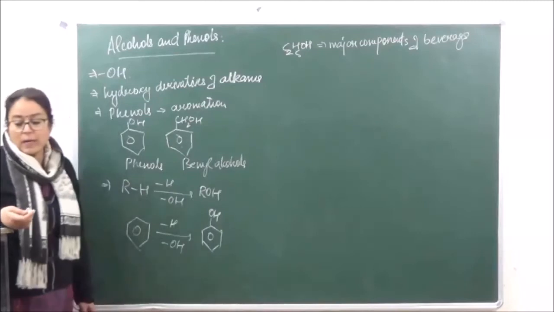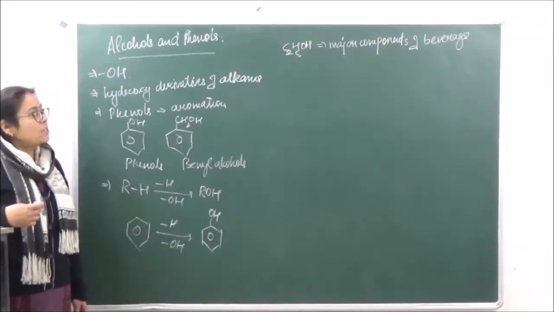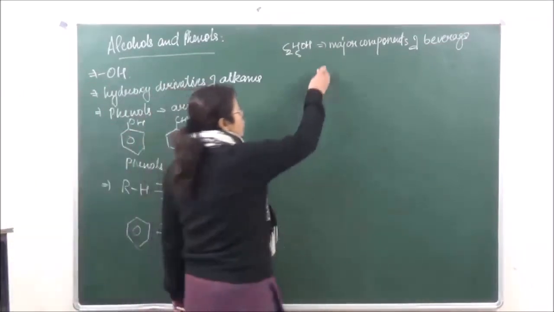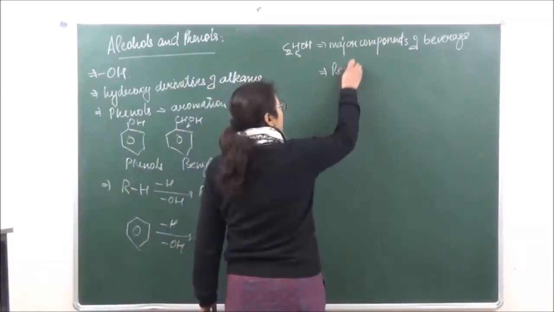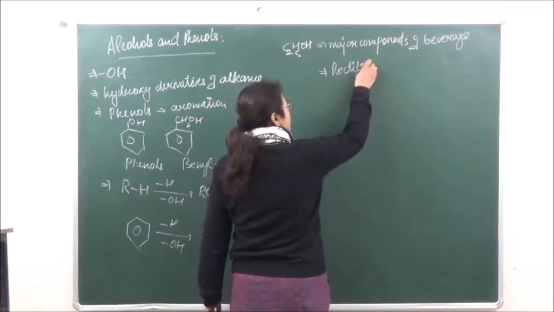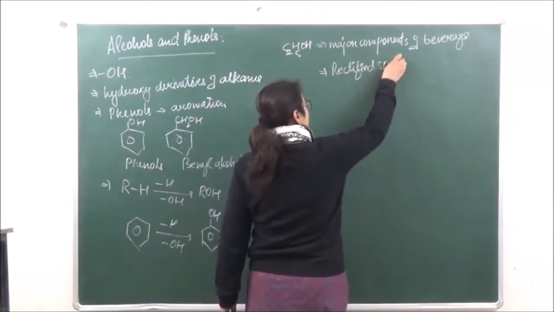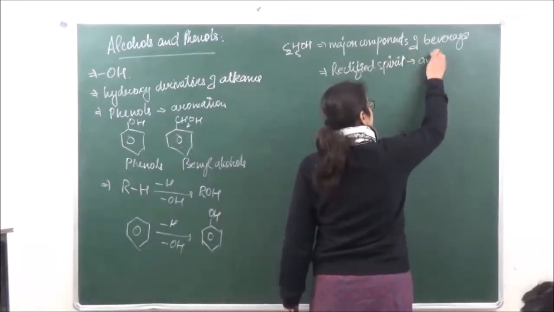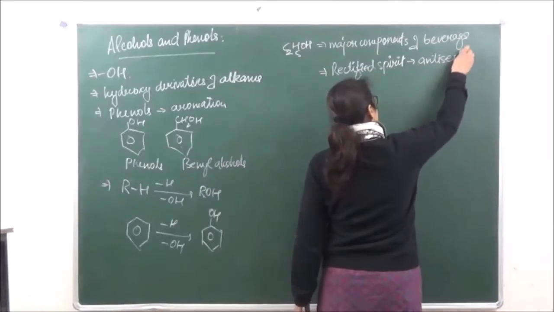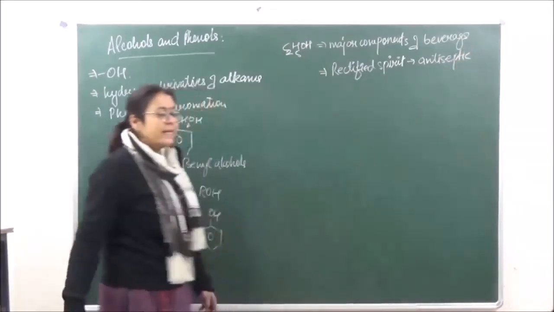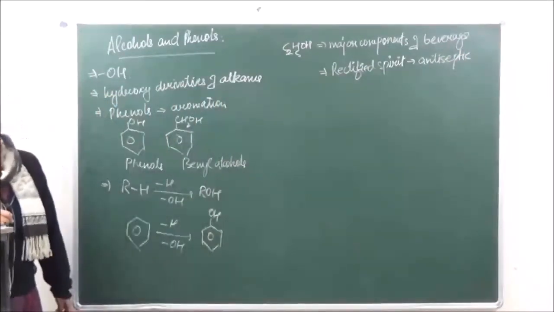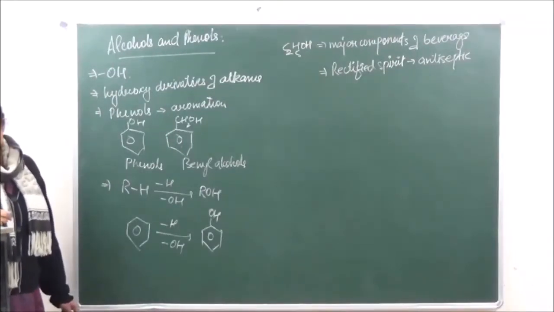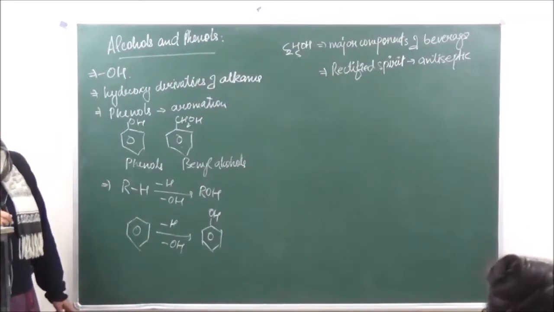All these have ethyl alcohol as one of the major components. Then ethyl alcohol may also be used in the form of rectified spirit, which is used as an antiseptic for wounds and all. It is used as an antiseptic, and it is used as medicines.